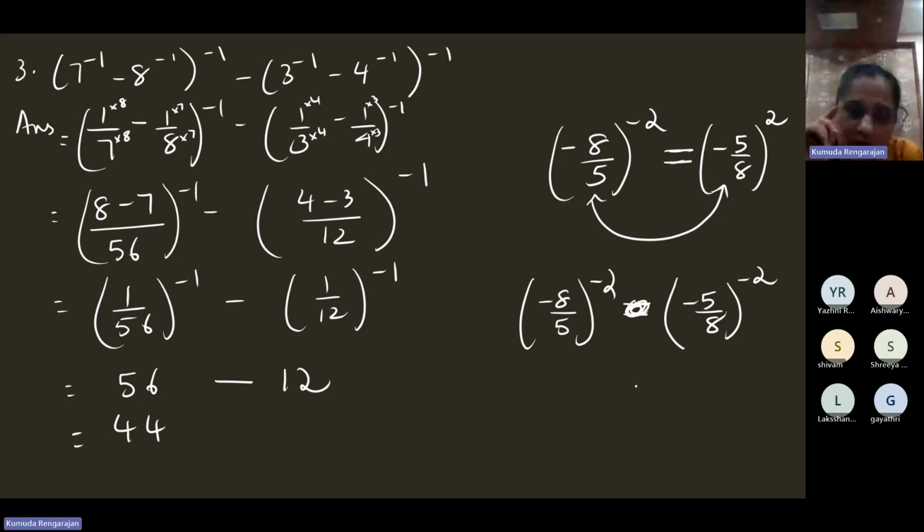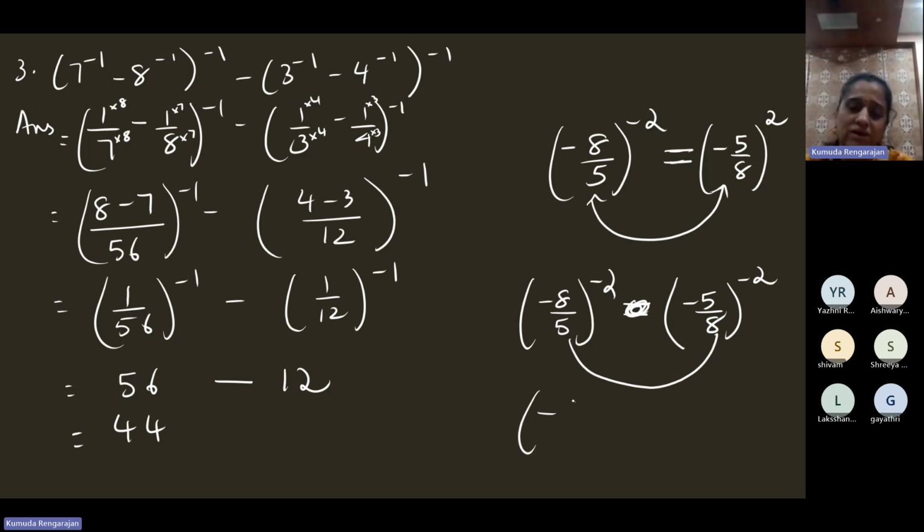If you perform only one of these two actions, the two expressions will be the reciprocals of one another. So here, if you write the reciprocal of the base, minus 5 by 8, but you write the power as it is, minus 2, these two are not equal. They are reciprocals of one another.